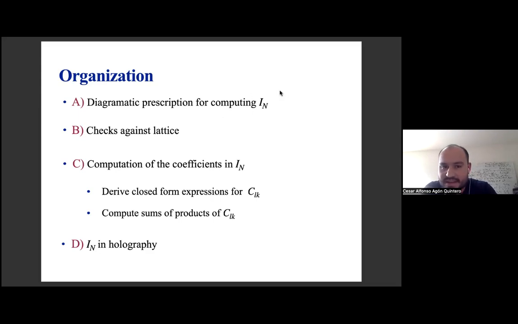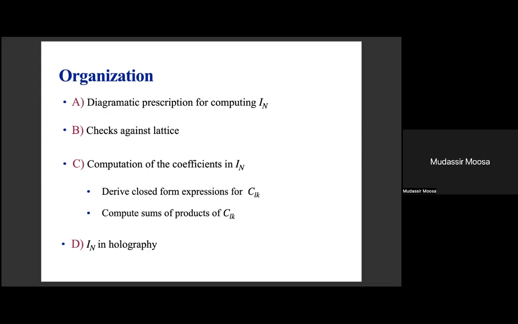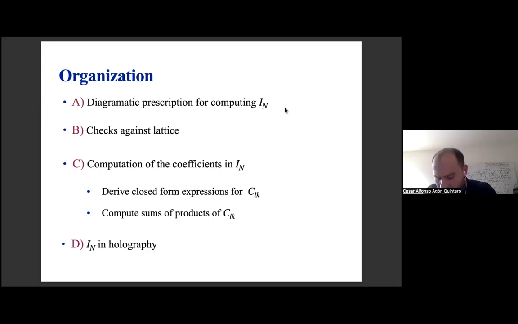Okay, thank you. Okay, so now I will move on. Cesar? Yes, go ahead. Sorry to interrupt. I have a question, mostly because of some confusion. You said that when you have only EPR pairs, then I3 is 0. But I think we used to think that in holography there is only bipartite entanglement, and we knew that in holography I3 is negative. Doesn't EPR pairs also mean bipartite entanglement?